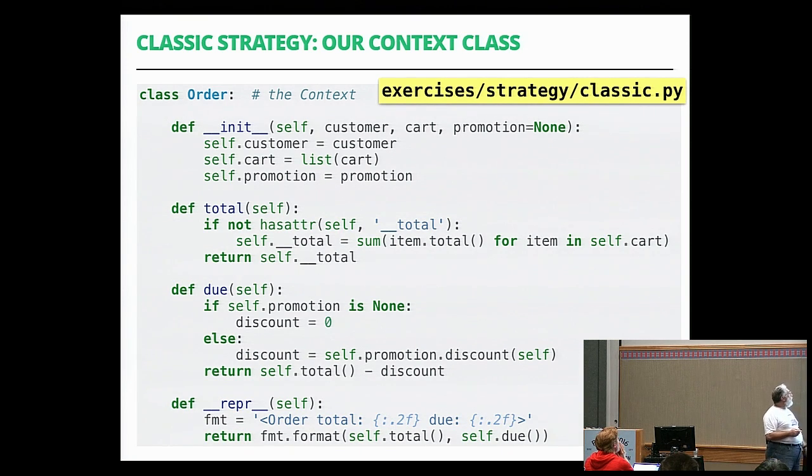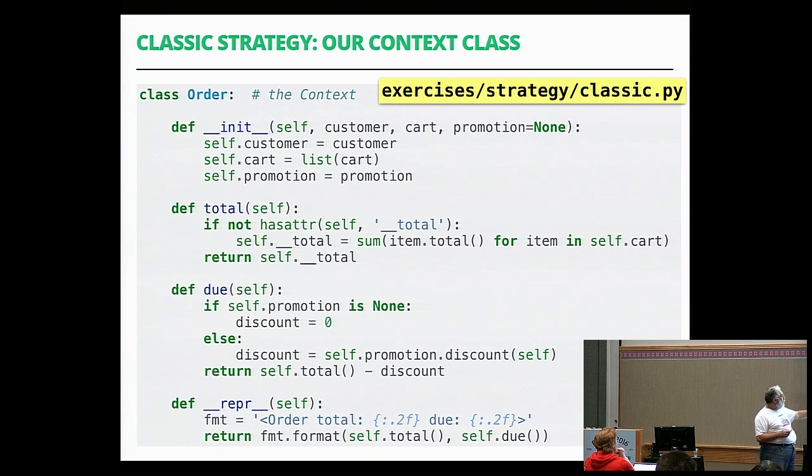So if the instance of order has the _total attribute, I just return it. If it doesn't have it, then I'm going to compute it, and then I return it. It's one way of performing this computation just once, assuming that the order is immutable, which it is.